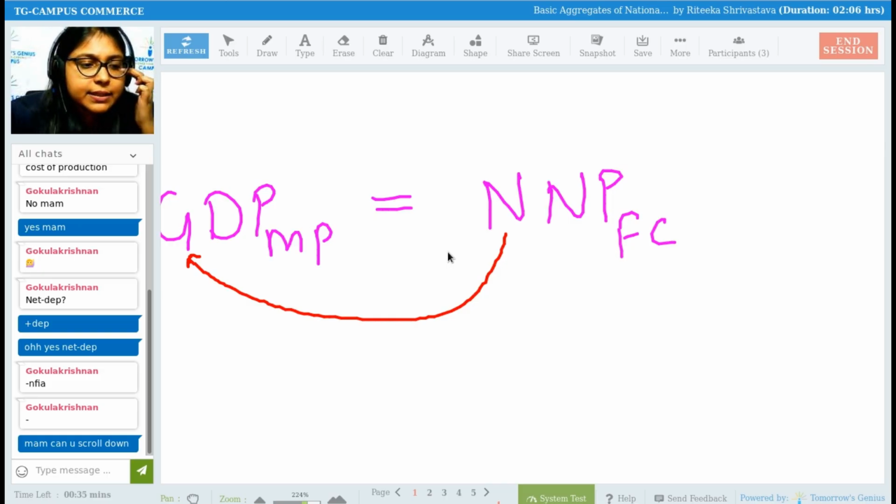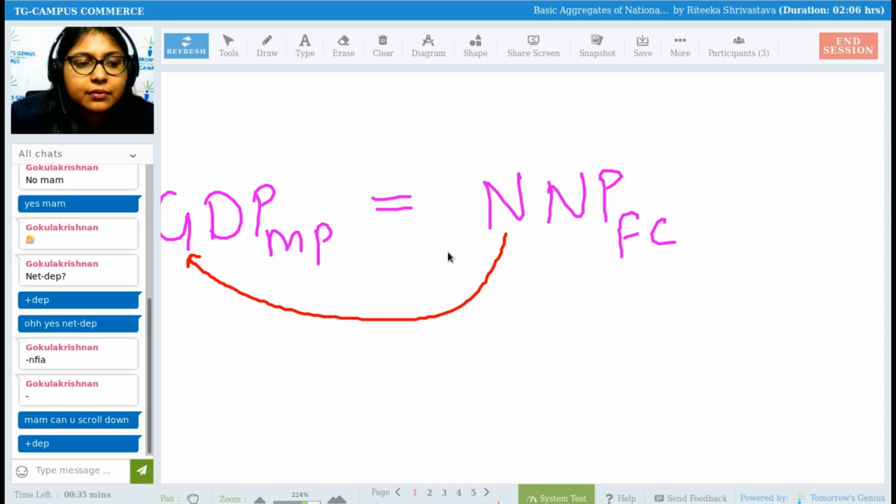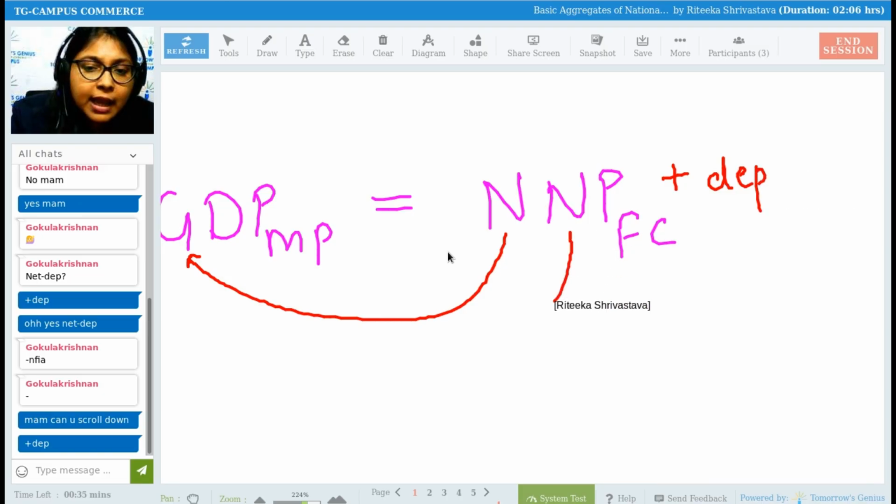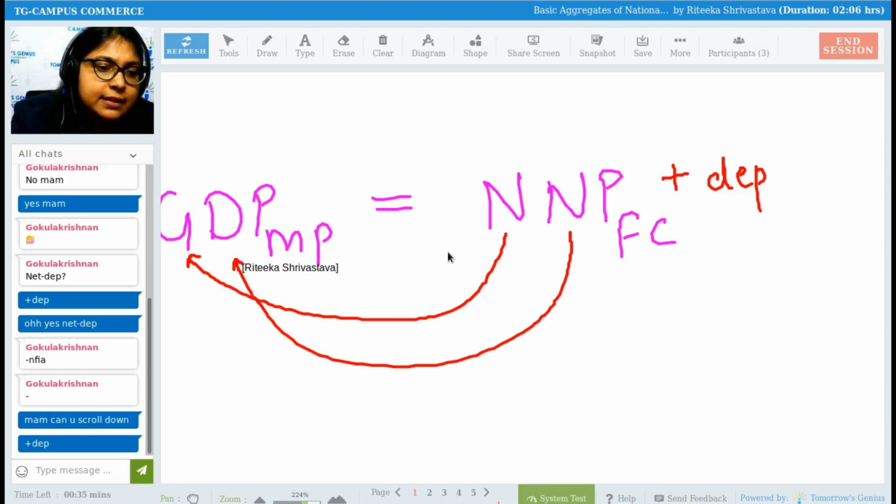Gokul says plus depreciation. What about Mridula and Jaini? What do you all feel? What to do if you want to go from net to gross? Add depreciation, deduct depreciation. Very good. Add depreciation.